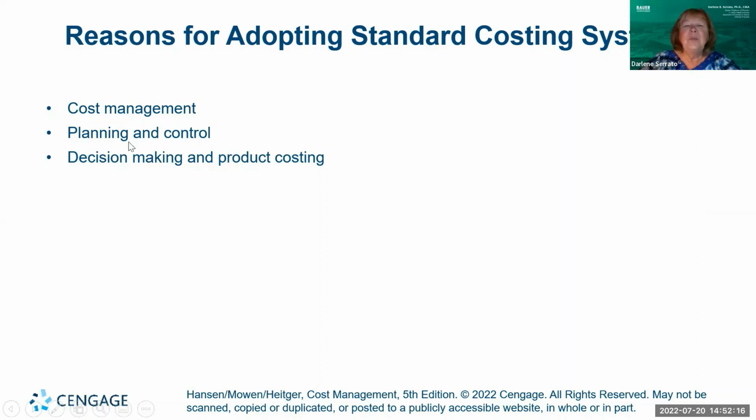So that's our planning purposes. Then we're going to compare actual to what we planned as the standard. For product costing, we're going to be carrying our inventory of finished goods at standard.